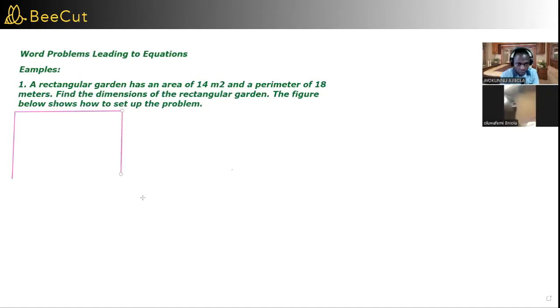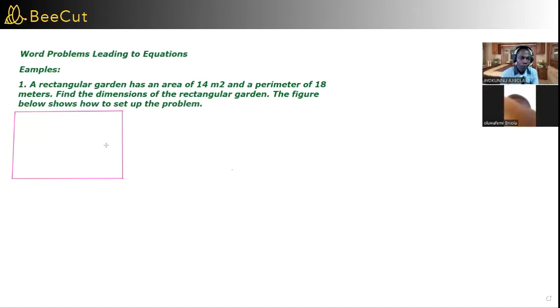Trying to draw a rectangle, keep it a little bit closer. This is not perfect, but let me try to make it a little better as a rectangle. Okay, this is rectangle enough.